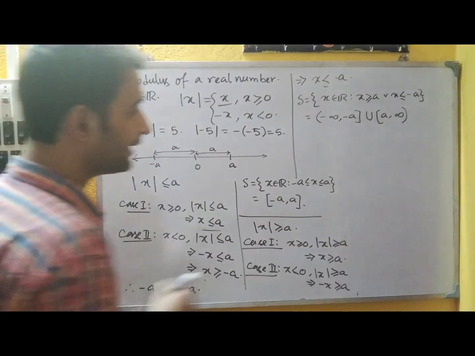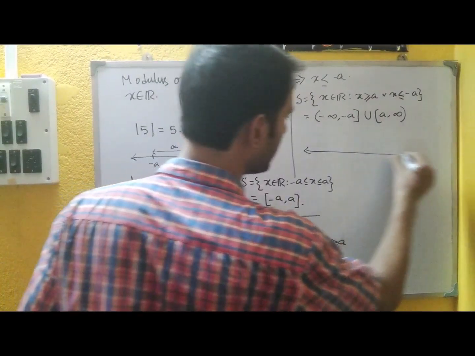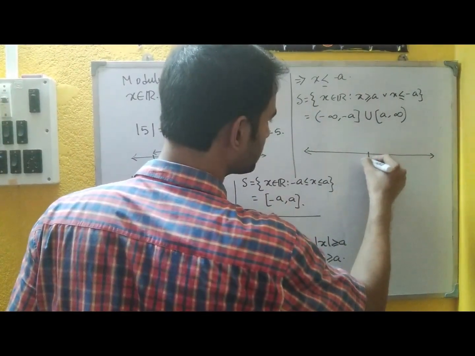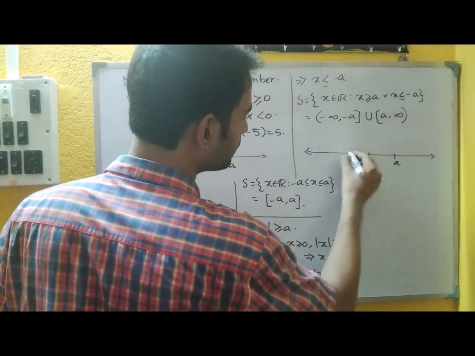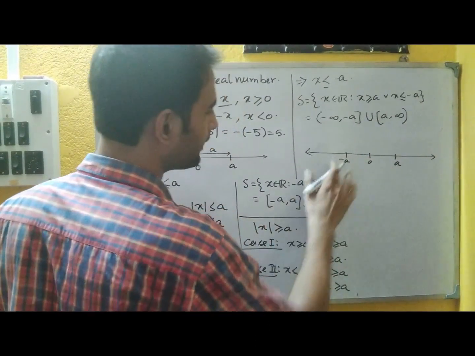Now if you see it on the number line, it is a bit interesting. Say here is 0, here is a, so at the same distance on the opposite side it will be minus a.